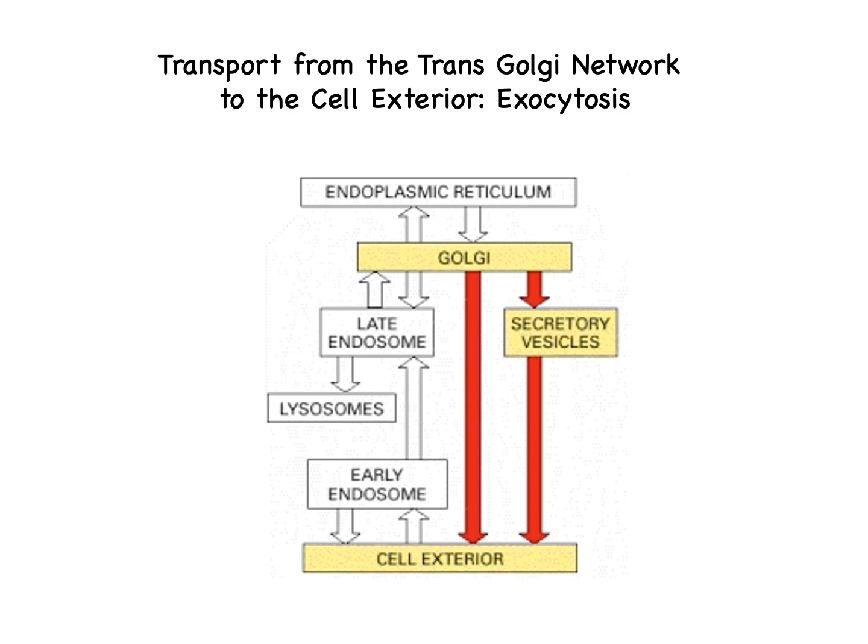Now there are two pathways to get out of a cell, both going through the ER and the Golgi. One pathway goes straight to the cell surface, and the other goes through these secretory vesicles.